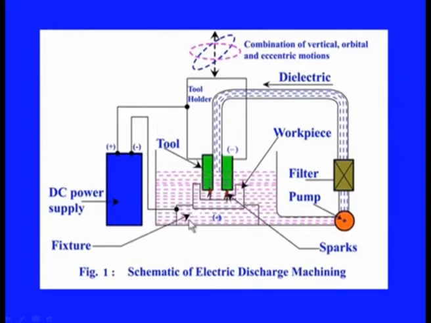Therefore, this fixture needs to be an insulated one, and this holds the workpiece in its position. And this tool at times can be made to rotate as well, and obviously this is generally made to travel in the z direction or in the height direction, so that the machining can be created.